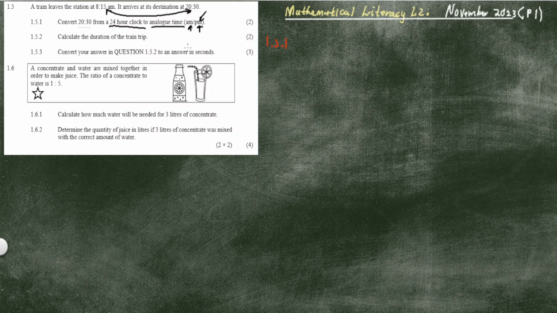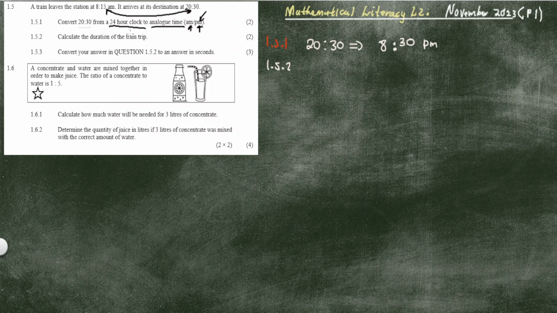So it's going to be PM. So the answer here, 20:30 to an analog time, it's going to be 8:30 p.m. So this is the answer for 1.5.1.